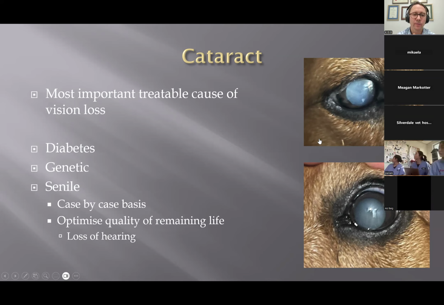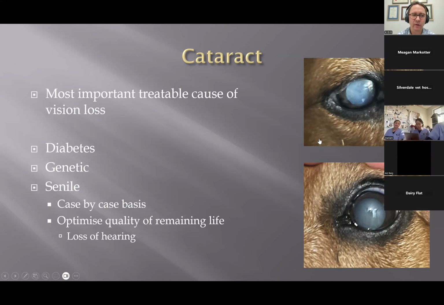But we've done, I don't know how many senile cataract cases now, quite a few anyway. Whilst the dog might not live that much longer, it's really nice if we're able to give it vision and an ability to interact with its environment, and have the best quality of life possible for the rest of its life.